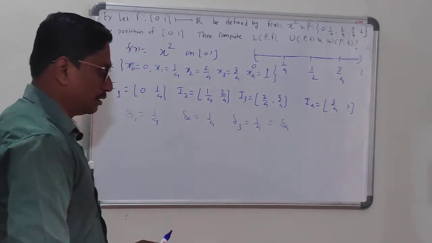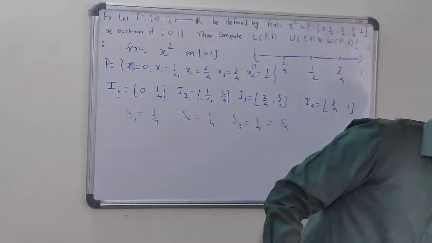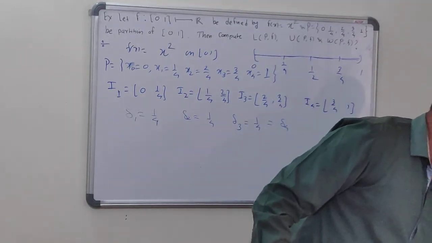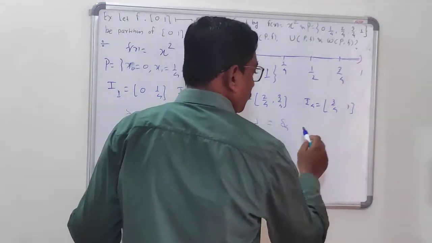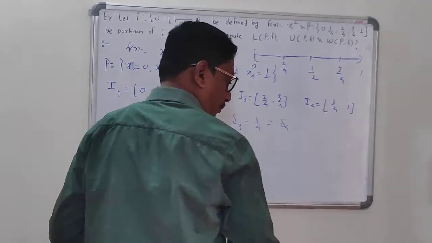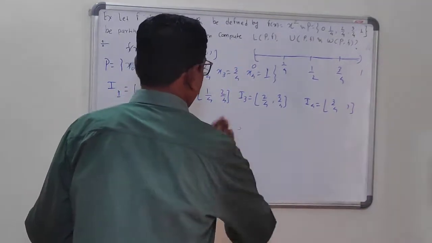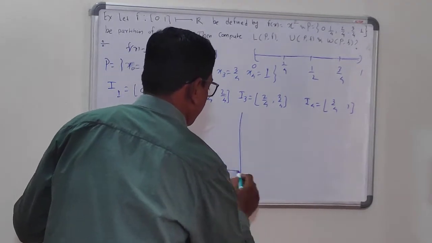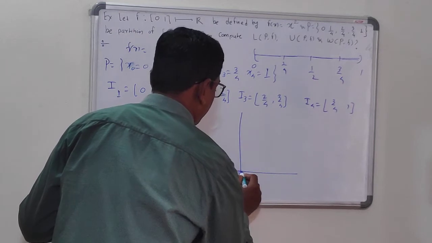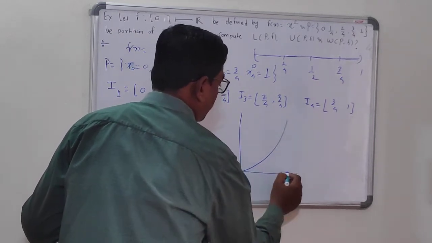And now let me plot the graph of this. The parabola in the closed interval 0, 1, I will plot.